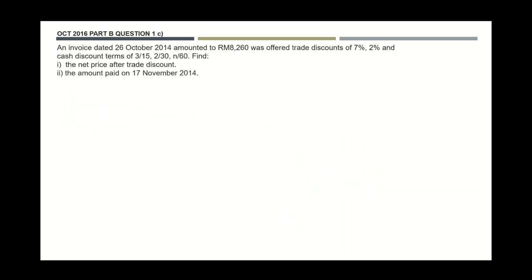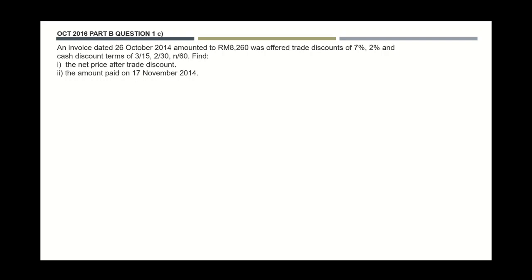The next one is from the same past semester exam papers, but right now from part B, question number 1C. This question stated that an invoice dated 26 October 2014 amounted to 8,260, was offered trade discounts of 7% and 2%, and cash discount terms of 3/15, 2/30, and n/60.